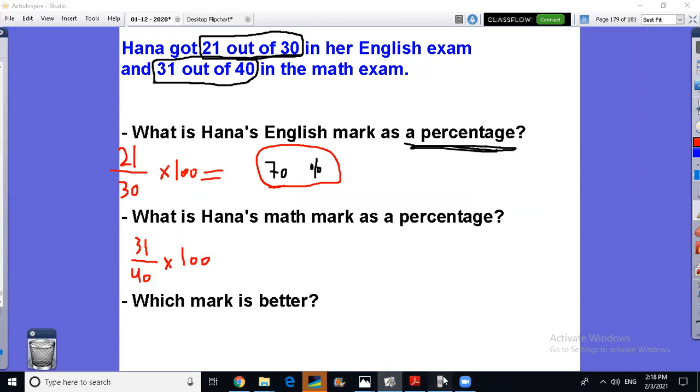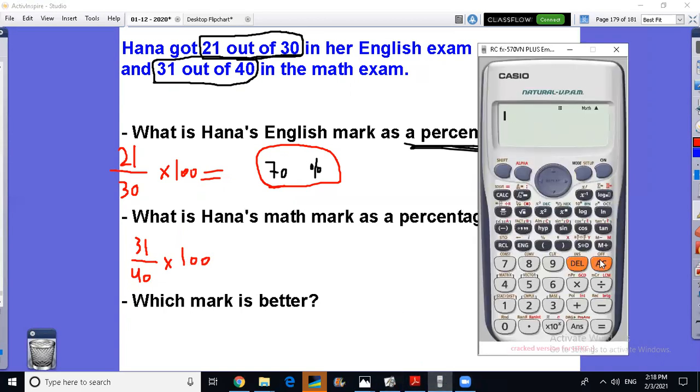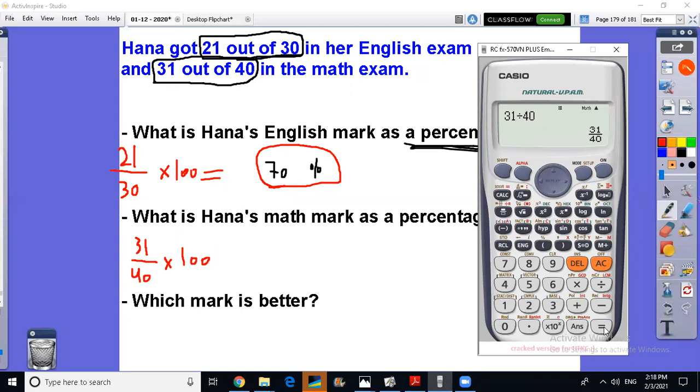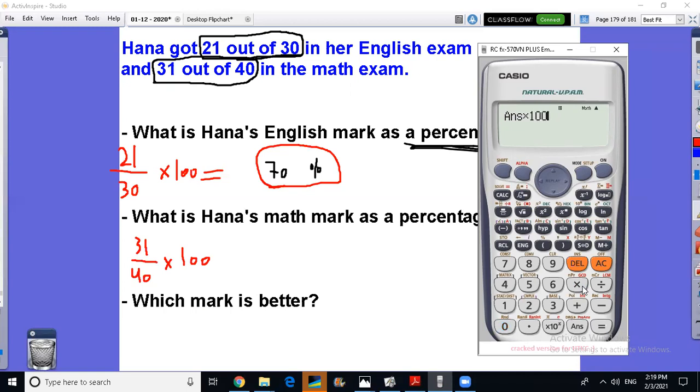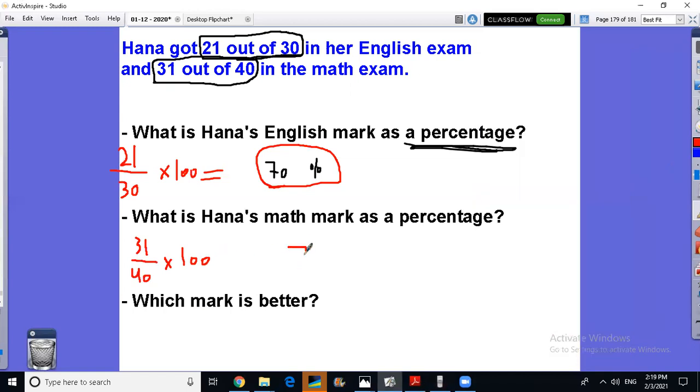So here, let's go, 31 divided by 40, the answer, multiplied by 100 equals, oh, give me a fraction, mister, SD, 77.5. And this is my answer here, 77.5% in math. Okay, mister, now I get it.